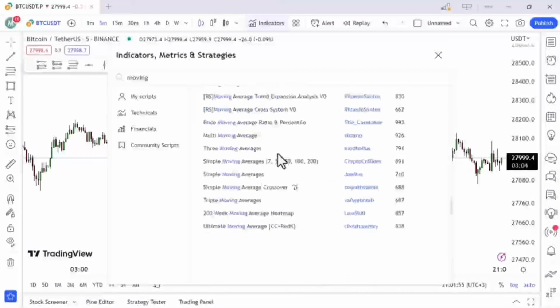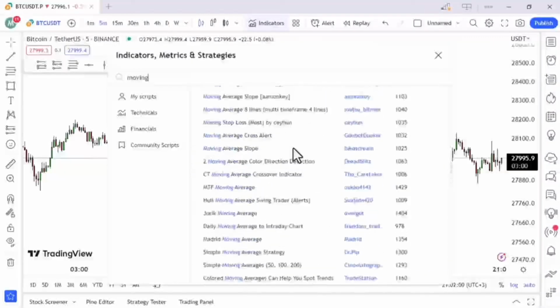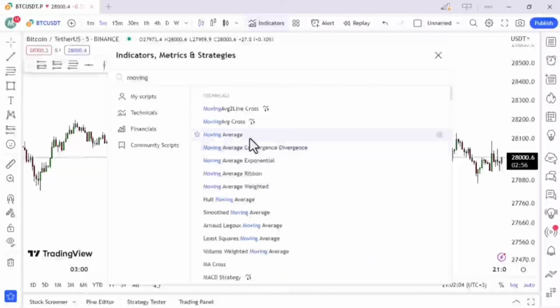These are written by other people, programmers, who wrote different types of them, but we only want to use this one. This is the default setting of any technical chart. It doesn't matter if you want to do your technical analysis in the MetaTrader application, on TradingView, or on your exchange chart, these are the default indicators. So we're going to choose this one.